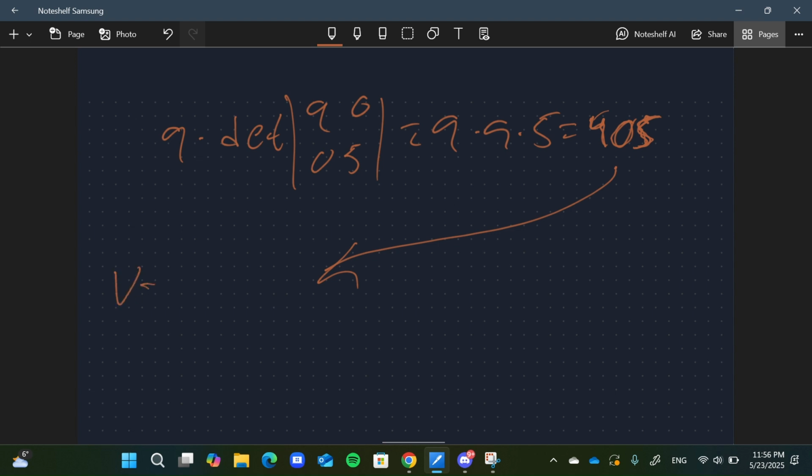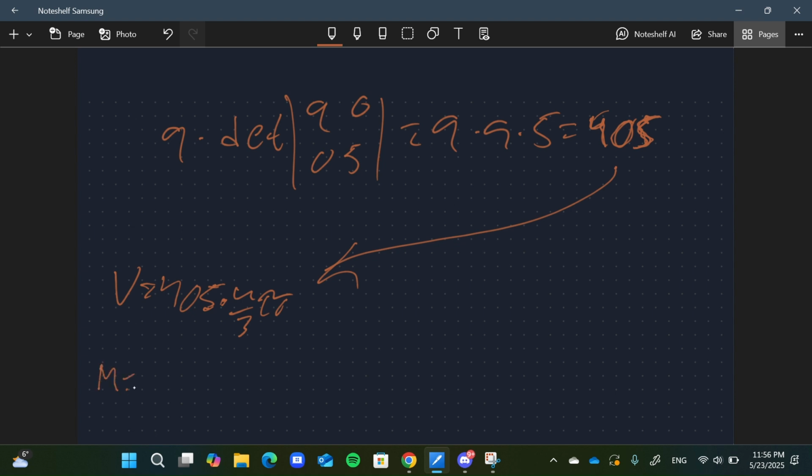So we get the total volume to be equal to 405 times 4 over 3 pi. And now we can calculate the total weight.